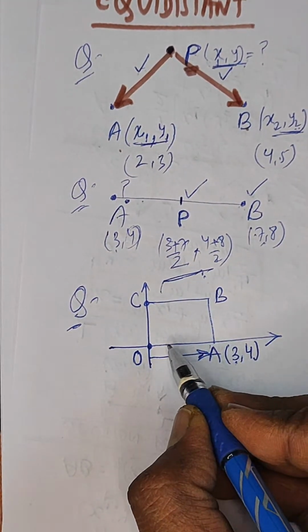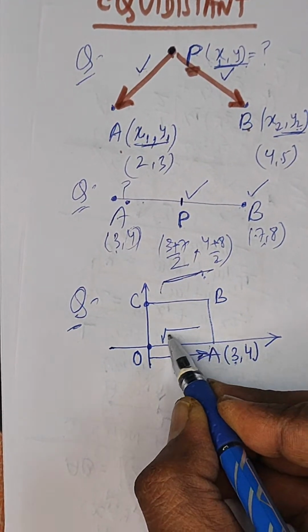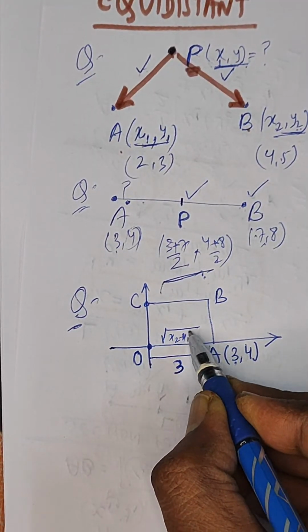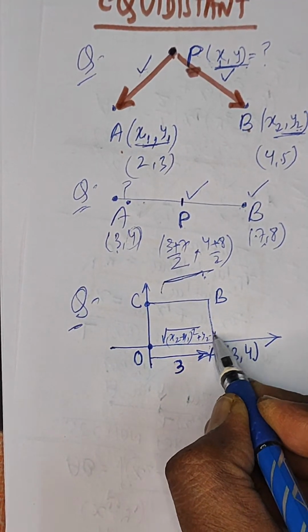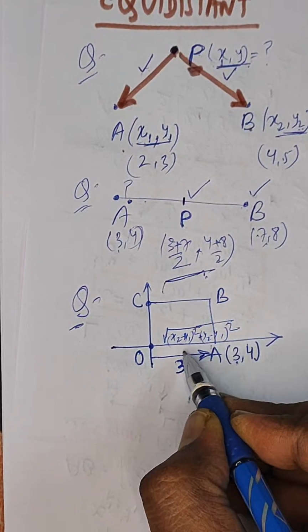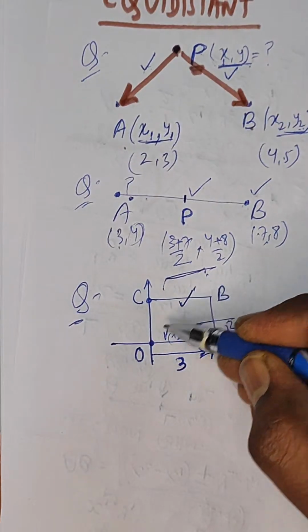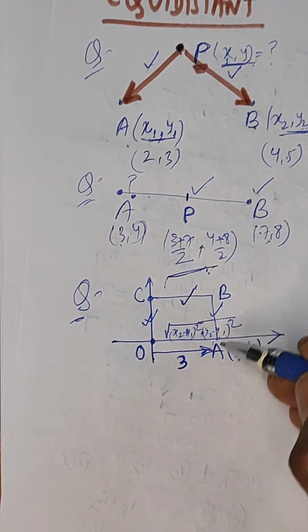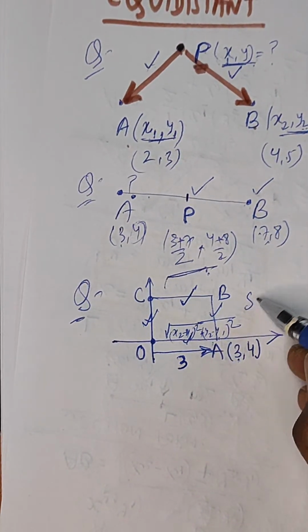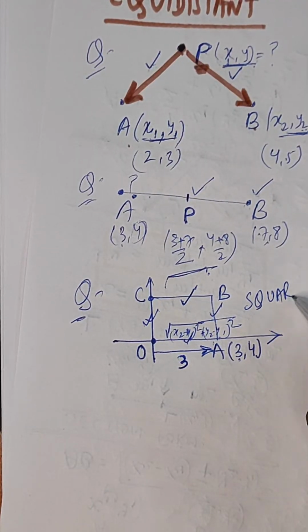So we will be using the distance formula. What? Root over of x2 minus x1 whole square plus y2 minus y1 whole square, right? To calculate the distance, and the same distance will be for BC, for OC, for AC and OA, because it's a square, right?